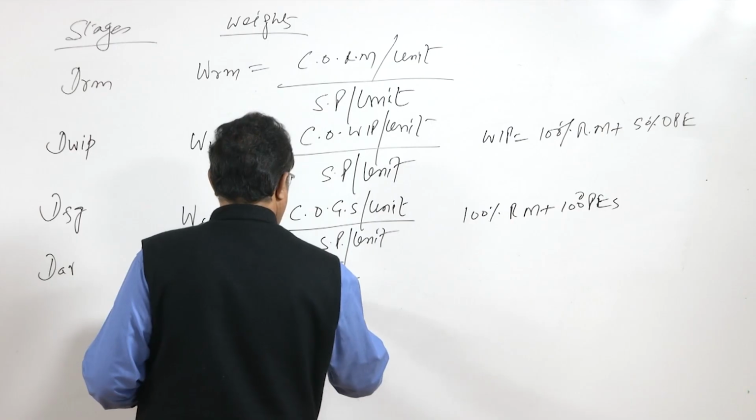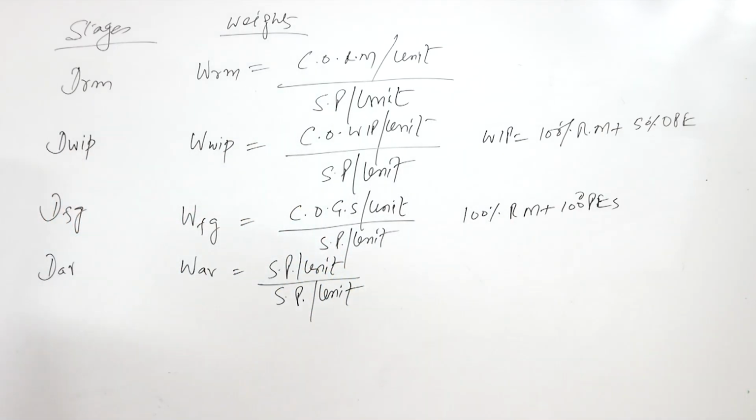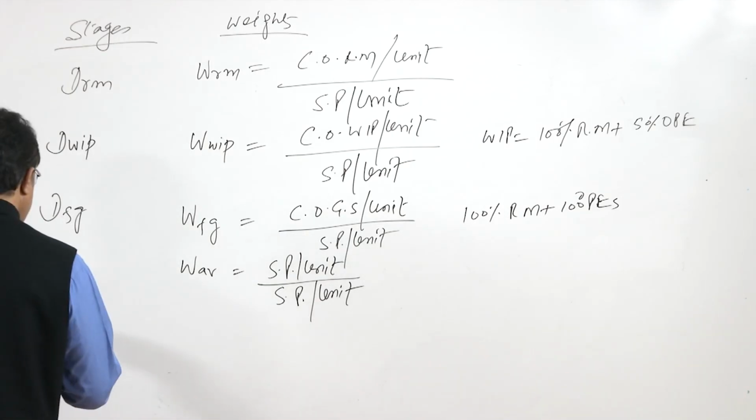This weight is always 1. Accounts receivable we assume at the selling price, not at the cost price. So, the weight is always 1.